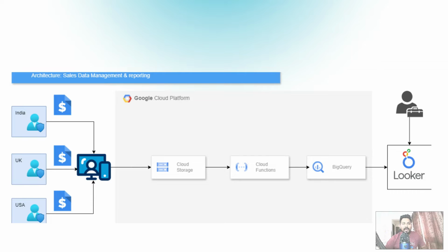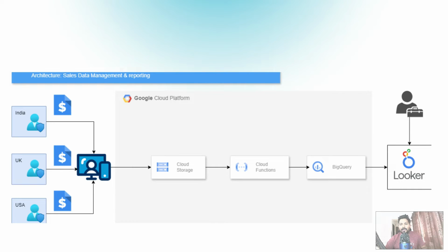We'll trigger our cloud function using the file upload. Once the file is uploaded and available in the storage bucket, it will trigger our cloud function, and our cloud function will have Python code to detect the file as well as to load that CSV file into BigQuery. Our cloud function will detect the columns of the file, it will detect the schema of the file, and it will keep appending the data into our BigQuery table.